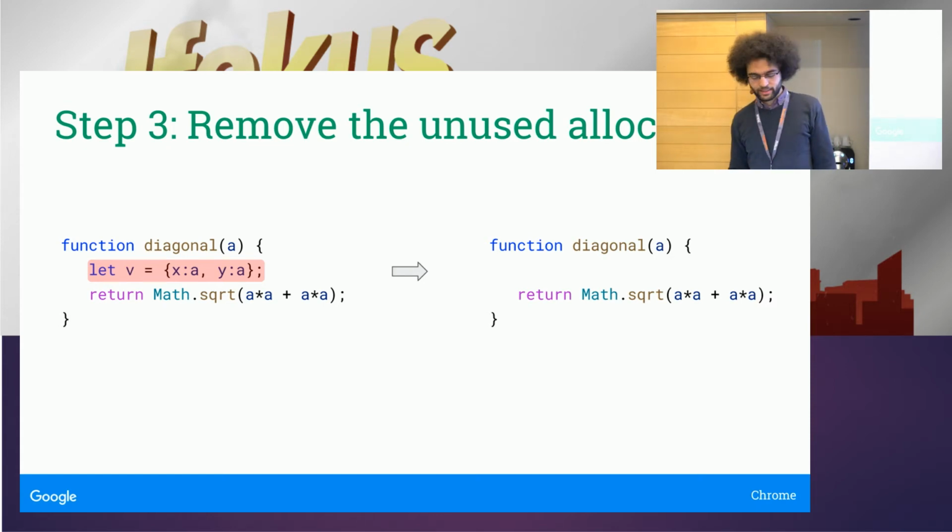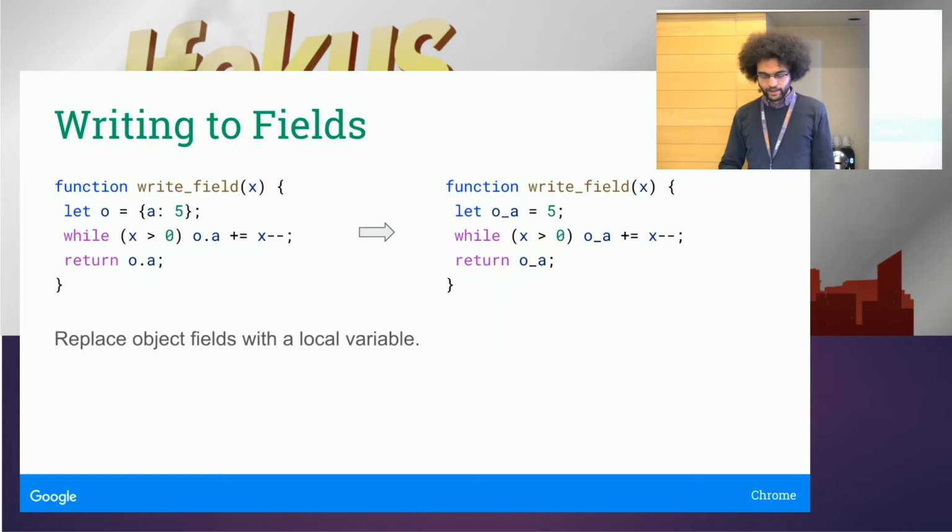And in practice, it's a lot harder. One reason is that load elimination is not enough, at least not in this form. Like in V8, we have a very simple load elimination that doesn't introduce phis. In general, you want to replace the object fields with local variables.